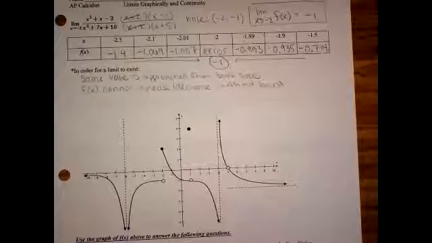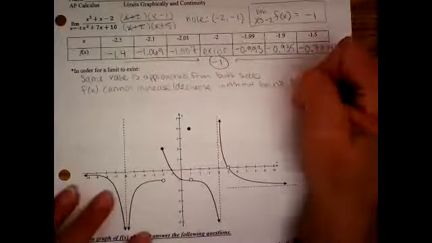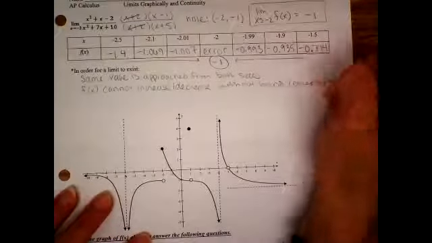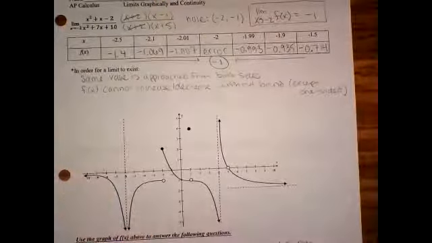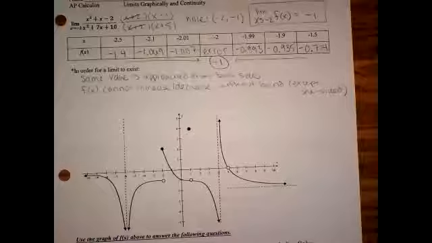Or if it decreases without bound, negative infinity. Now there's an exception to that, except one-sided limits. You can increase or decrease without bound as long as it's only from one side. Like if it's just from the left or from the right, then you can increase or decrease without bound. But if it's both sides, it'll be does not exist.